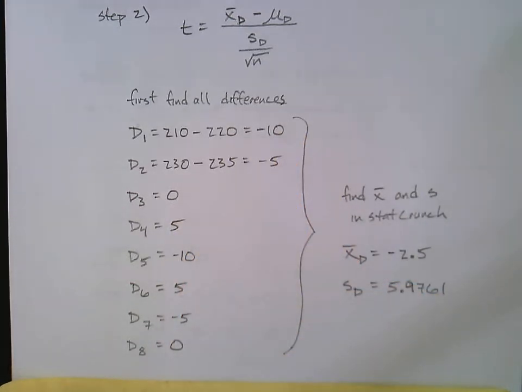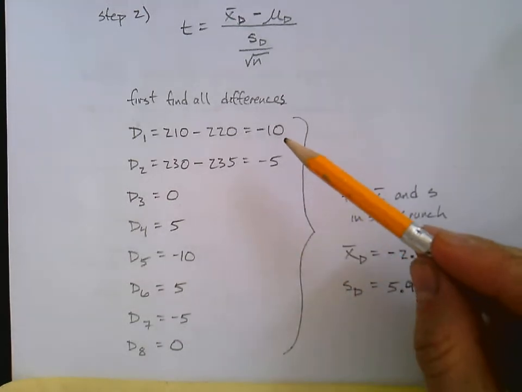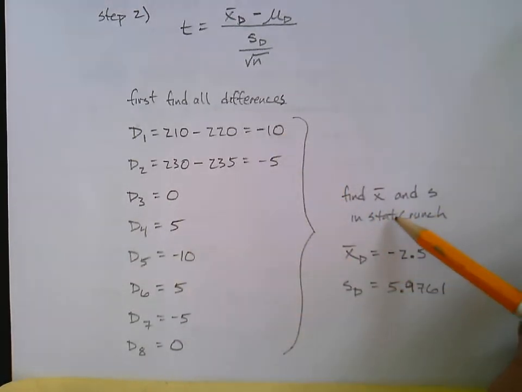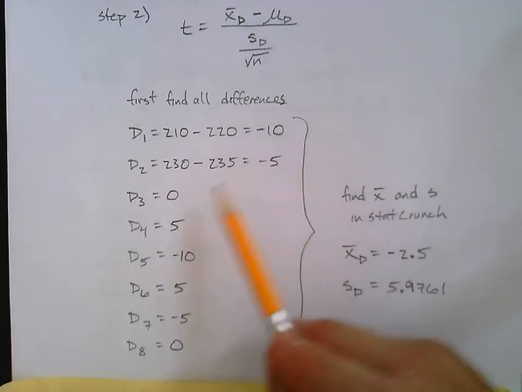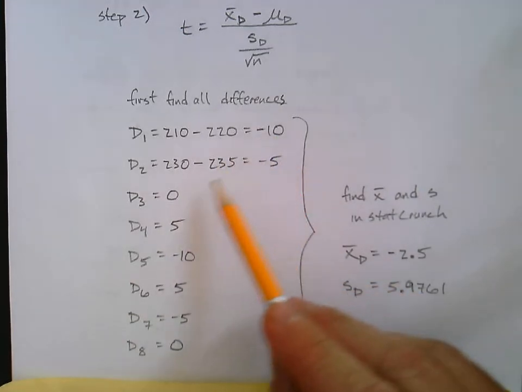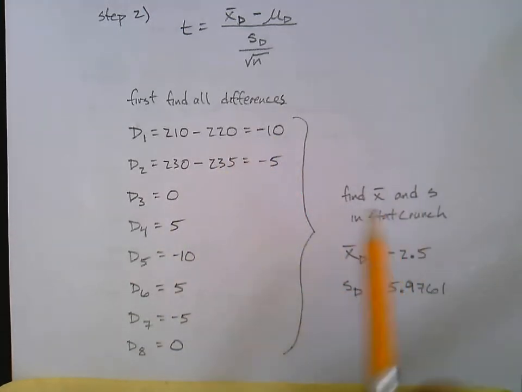Now here's what we're going to do. We're going to type these 8 numbers into a column in StatCrunch. Negative 10, negative 5, 0, 5, negative 10, 5, negative 5, and 0. Put that all in as a column in StatCrunch and have StatCrunch calculate the mean and the sample standard deviation.